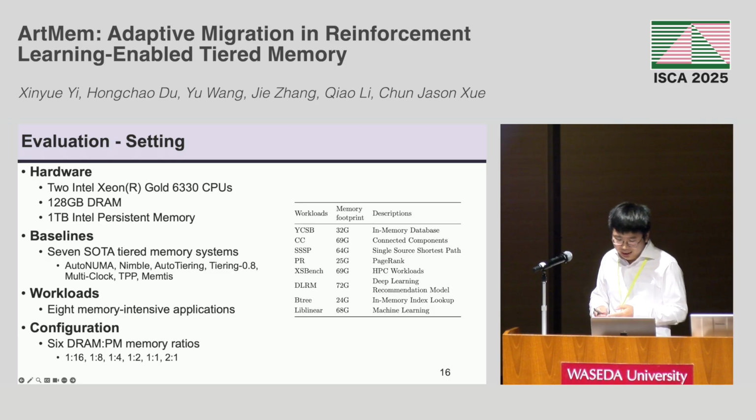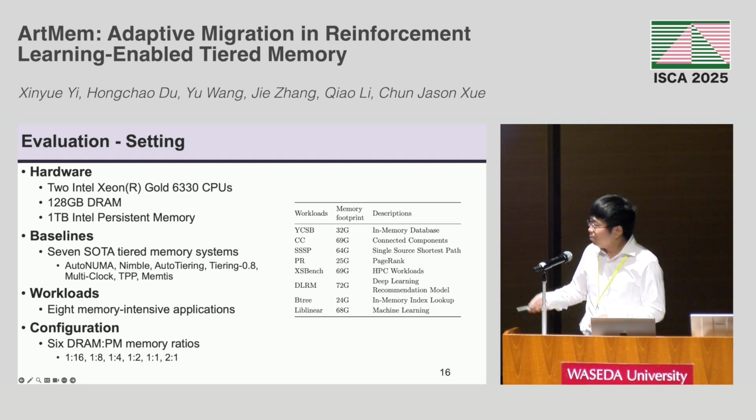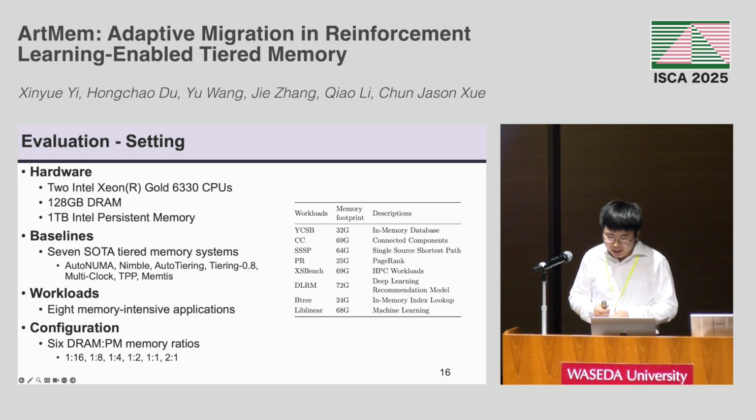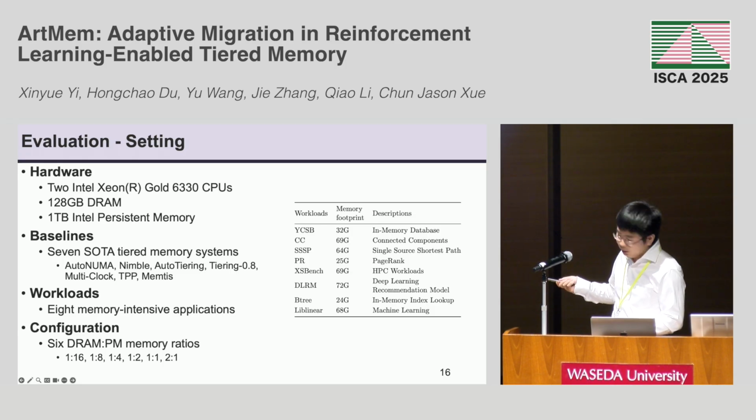We use 8 representative memory-intensive applications spanning database, graph processing, HPC, machine learning, and more. We test 6 different DRAM to persistent memory ratios to evaluate performance across different scenarios.